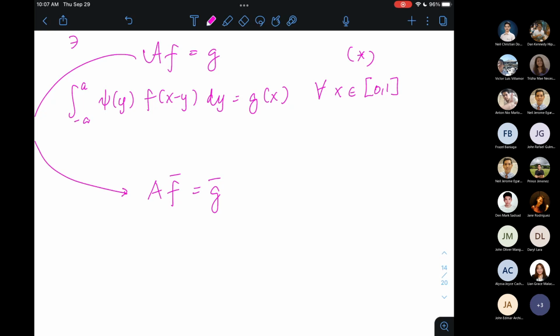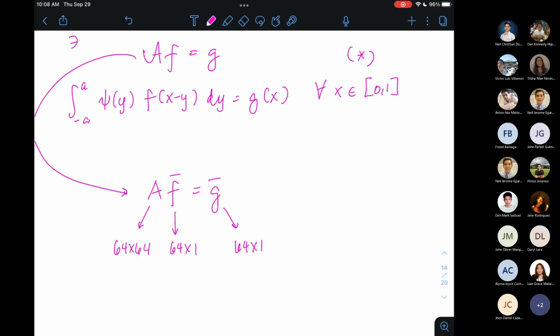So bale ito ay 64 by 64. Si F bar ay 64 by 1, which would be our vector of unknowns. So ito yung mga unknown function values ni F sa iba't ibang elements ng kanyang domain. And then G bar is basically another 64 by 1 vector, which is the vector consisting of function values from 0 to 63 over 64.